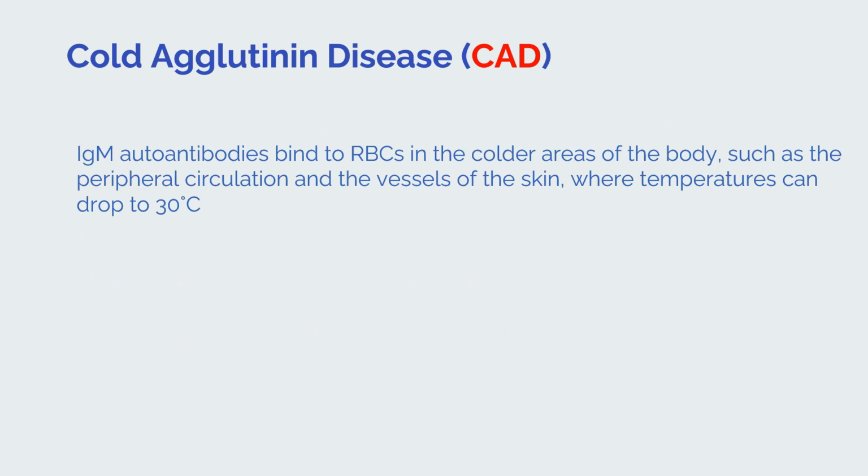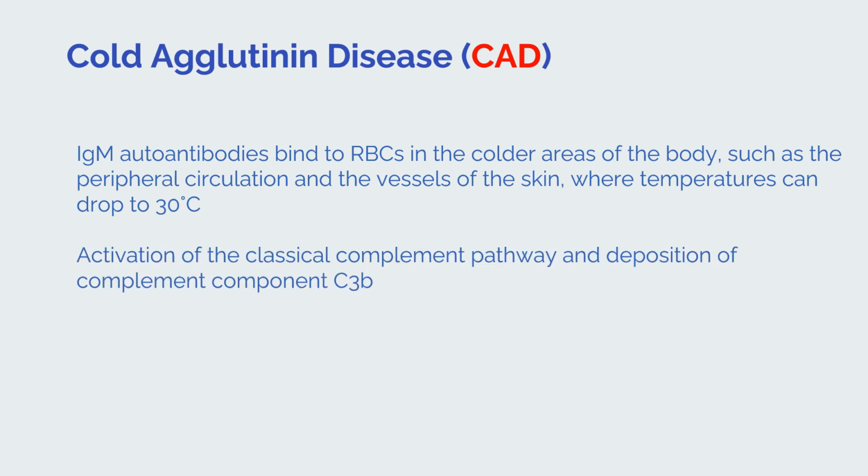In CAD, the IgM autoantibodies bind to RBCs in the colder areas of the body, such as the peripheral circulation and the vessels of the skin, where temperatures can drop to 30 degrees Celsius. Upon binding, the autoantibodies activate the classical complement pathway, leading to the deposition of complement component C3b on the RBCs.